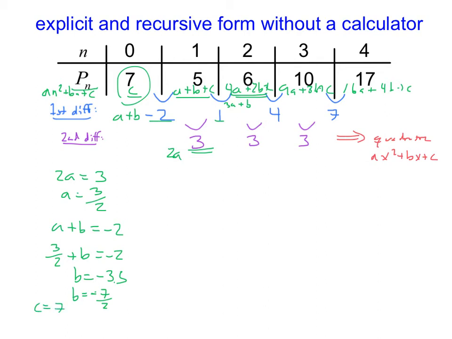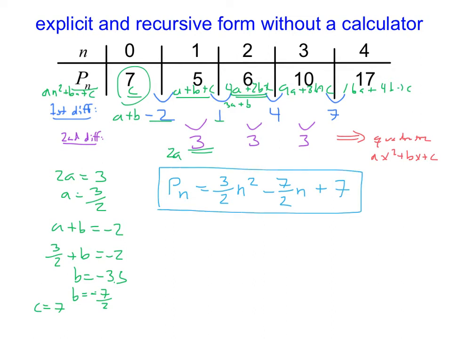So the formula for this whole mess here is going to be p of n equal to 3 halves n squared minus 7 halves n plus 7. And that's my explicit formula.